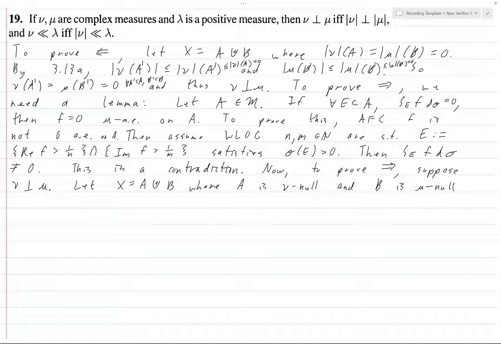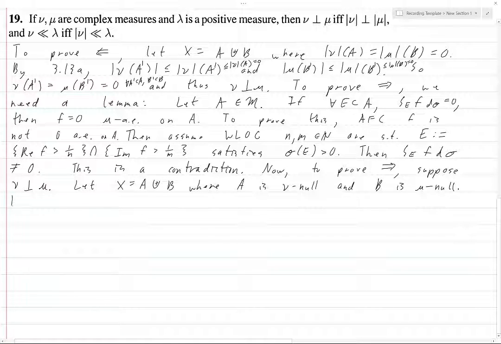So, I'm sorry if you were watching this earlier on and you saw me do this and you were like, no, that's wrong. Hopefully you watched up until this point before you decided to yell at me in the comments. So I was in the middle of a sentence here, I think. So where A is nu null and B is mu null. Yeah, I was at the end of a sentence.